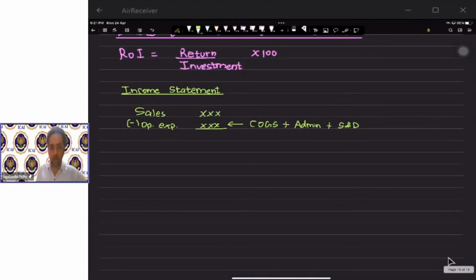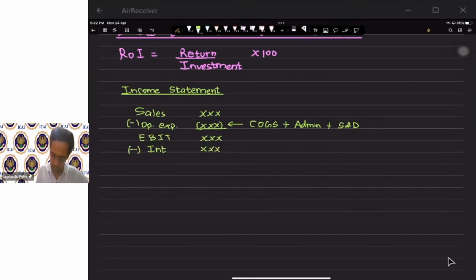After you subtract operating expenses from sales, what you get is earnings before interest and tax. From that, you subtract the interest component. What we get is profit before tax.